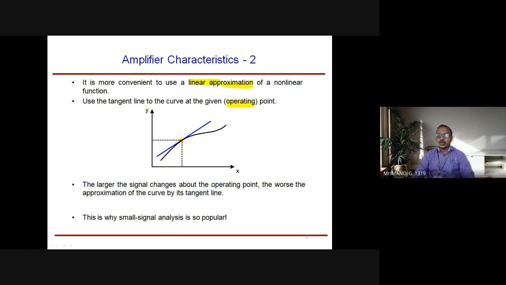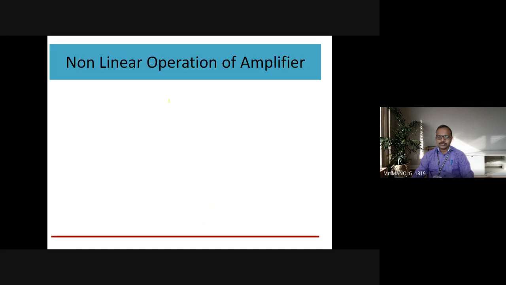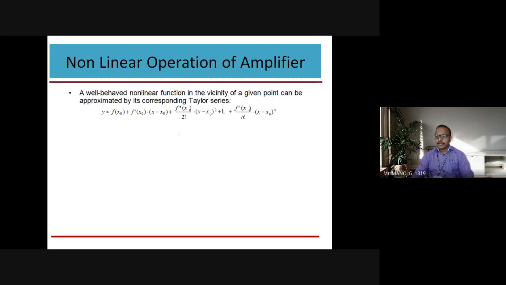Now we will see how you get the non-linear function for an amplifier. We are using a Taylor series expression. All of you would have seen the binomial expression; you should have definitely learned about it. So from there, we take up this Taylor series expression in order to find the nonlinear amplifier expression.